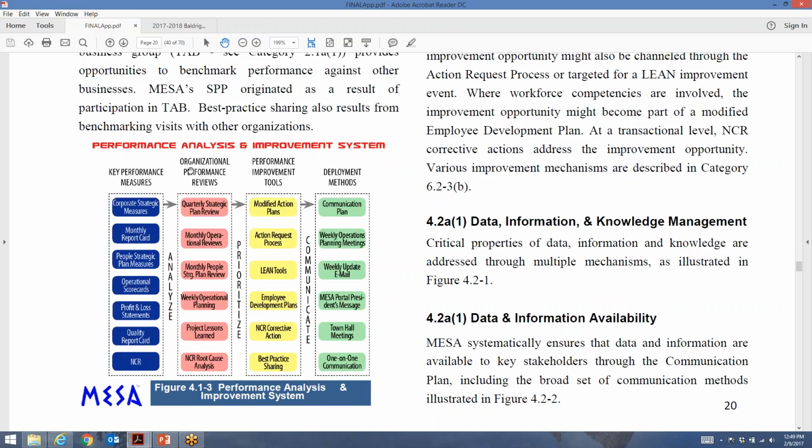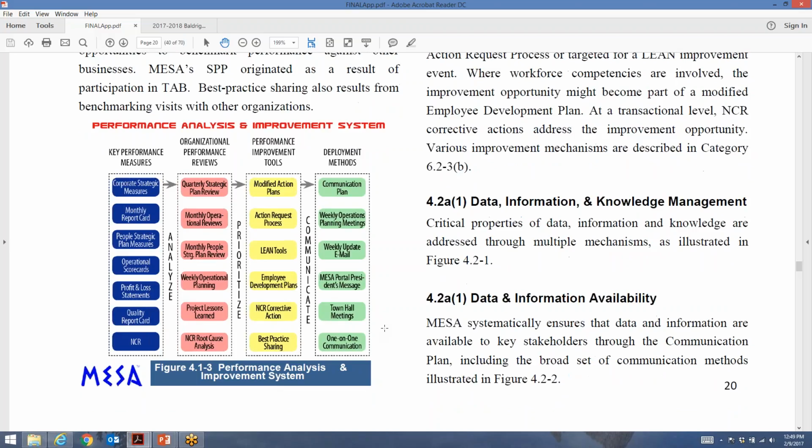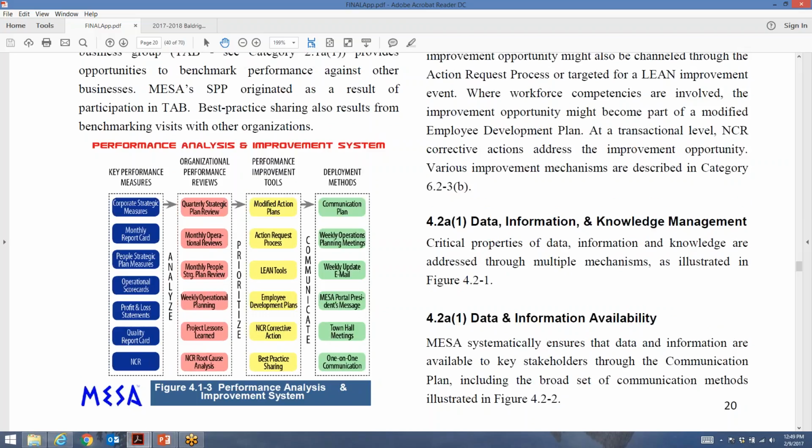I'm going to tell you that we look at measures, and we go through systematic reviews, and we've got systematic tools that we use to improve, and then we deploy it and share it this way. Maybe I've got some benchmarking in here. We didn't include benchmarking here, but maybe I've got that. So I would wrap that up here, and when you're talking about stuff, refer back to it.